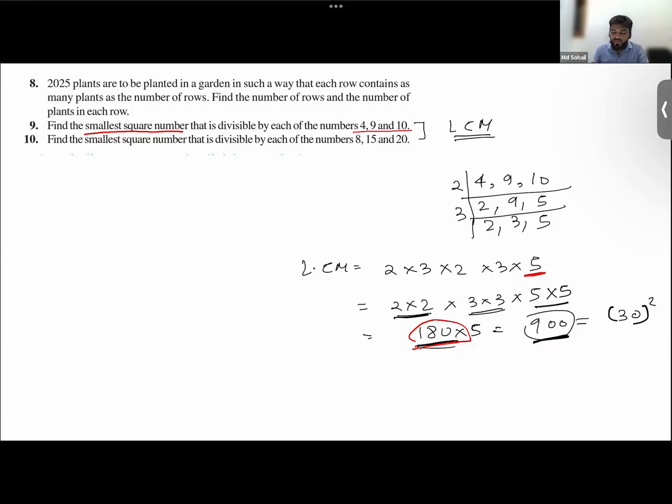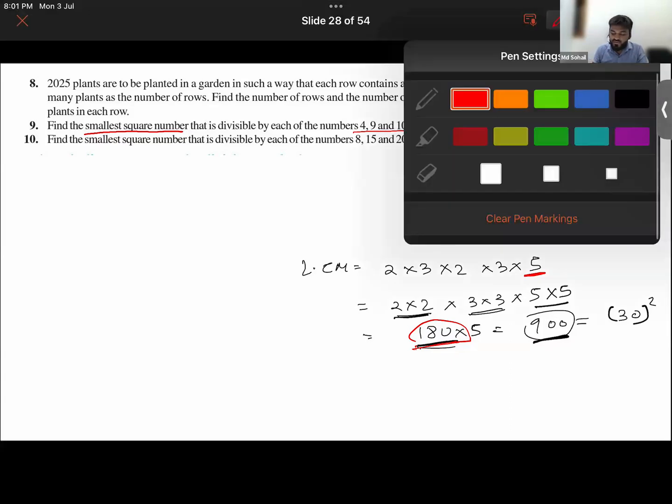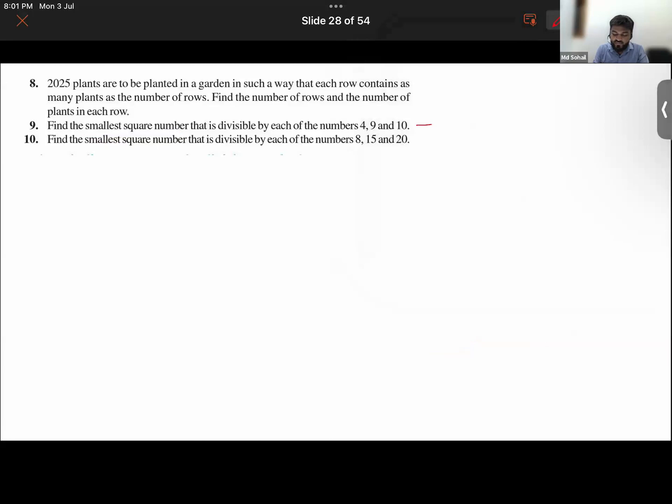Just let me quickly revise it. Look, you need to find the LCM of 4, 9, and 10. The LCM of these numbers is going to be 2 multiplied by 2, then 3 multiplied by 3, and then 5. It is going to be 180. Right, Ahmed. But read the question. You need to find the smallest square number. But is 180 a square number?